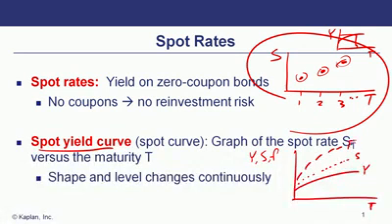And then the same thing would happen if we're going down. It would be yield to maturity, spot rates, and then forward rates like that. All right, so anyway, the forward rates are going to lie the farthest from the yields, and the spot rates will be in the middle. So a spot rate or spot yield curve, something that you want to keep an eye on, because we're going to be working with this a lot.